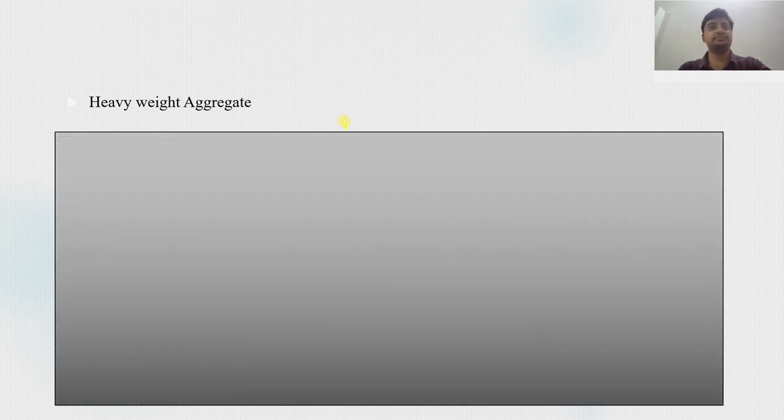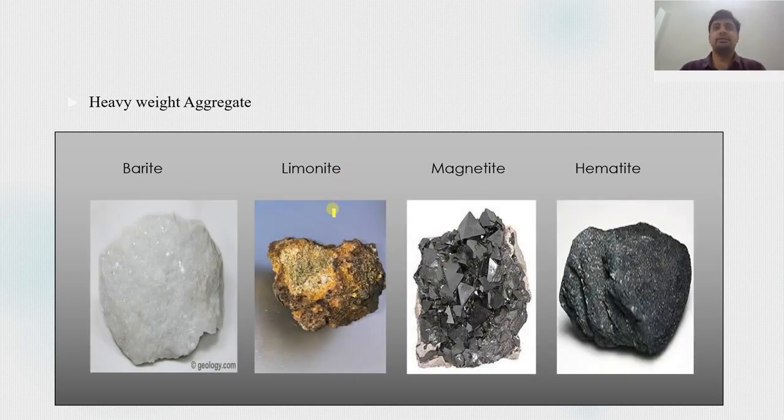Heavyweight aggregates. Which are the heavyweight aggregates? The density of the aggregate which is more than 2400 kilogram per meter cube is known as a heavyweight aggregate. And heavyweight aggregates are barite, limonite, magnetite, hematite.